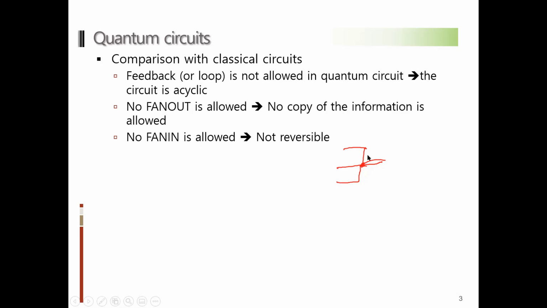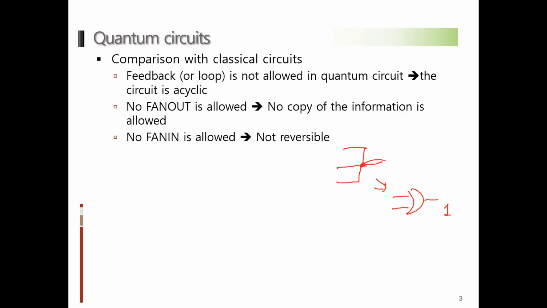If we have this kind of fan-in, then there is no way we can implement a reversible operation, because if this was something like an OR gate, even if you have the value of 1 or true, you cannot know what the original input was. So there is no way you can reverse this kind of situation.